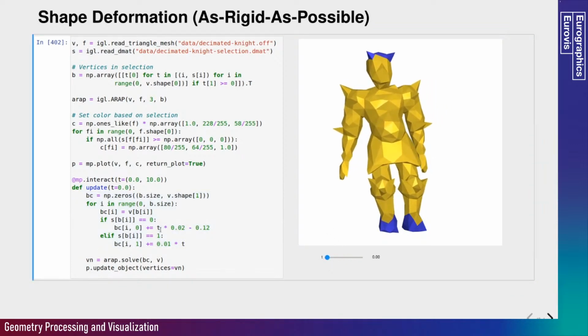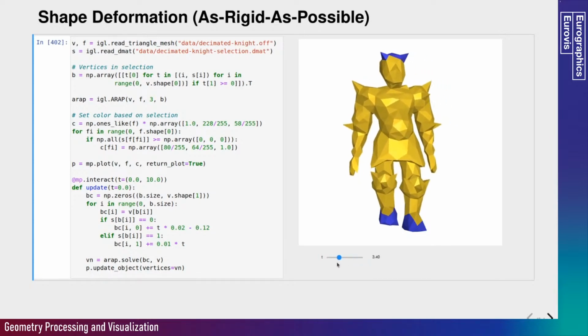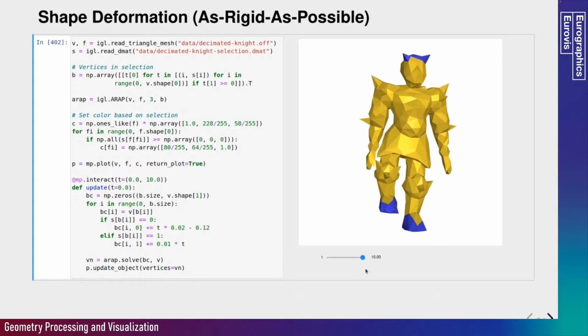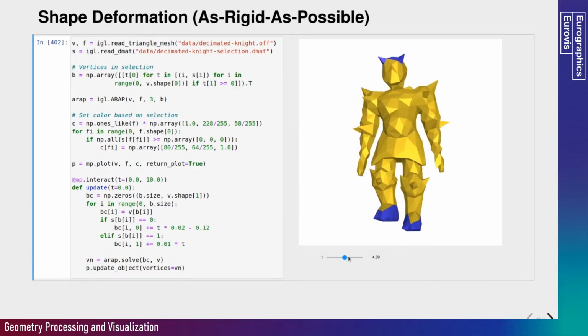So with these boundary conditions, we then call the ARAP solve function, which minimizes the energy so that the deformation of our yellow vertices are locally rigid or as rigid as possible. And this gives us the nice results where we can see that locally regions are not deformed much. It just does this global transformation to match the boundary constraints.